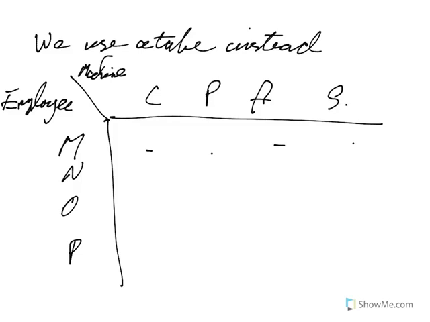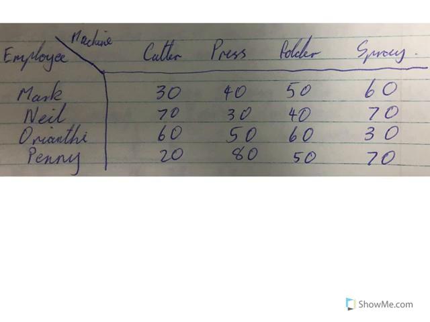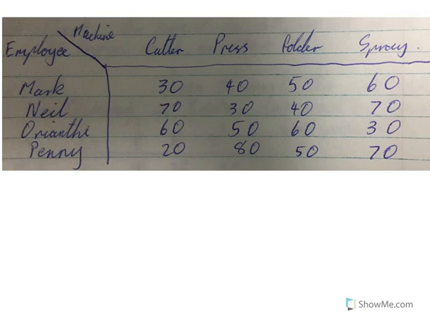All right, and then we'll have times in the table. So here's one prepared earlier. All right, so here's our table. So if we look at this bit here, that tells us that if Mark operates the cutter, he's going to take 30 minutes to complete that task. Alright, so there we are.